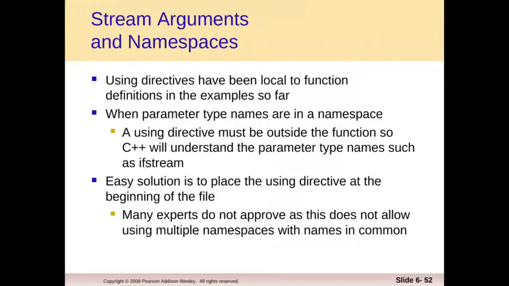At one point in time, I told you that you should put this using namespace std at the beginning of your source code file, right after the include directives. And then we came across some slides that said that you really should better place it inside a function, only into those functions that actually make use of functions from the namespace std, that actually deal with input and output, for example.